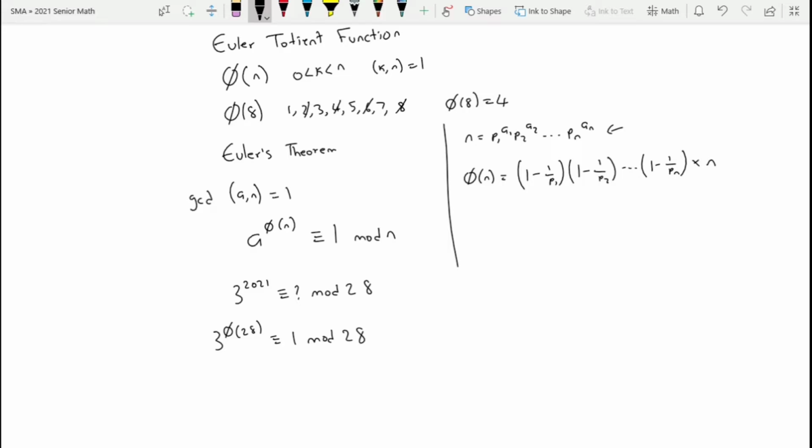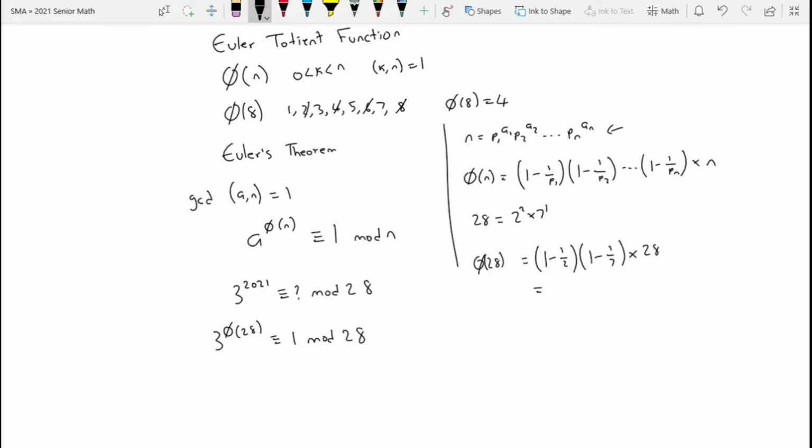In our case, we're looking for φ(28), and 28 is equal to 2 raised to the power 2 times 7 raised to the power 1. So φ(28) is going to be (1 minus 1 over 2) times (1 minus 1 over 7), since 2 and 7 are the prime factors of 28, times 28.